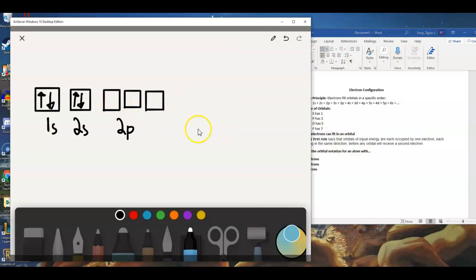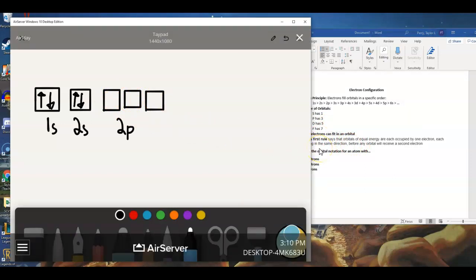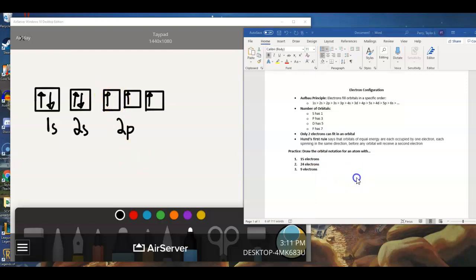Now, I want you to see the order in which I do this, okay? I draw one up arrow, another up arrow, another up arrow. Now, why didn't I go up arrow then down arrow? Well, because look at Hund's rule. It says that orbitals of equal energy are each occupied by 1 electron. So what that means is all these orbitals have the same energy, right?